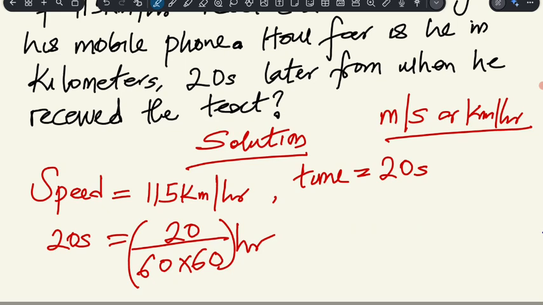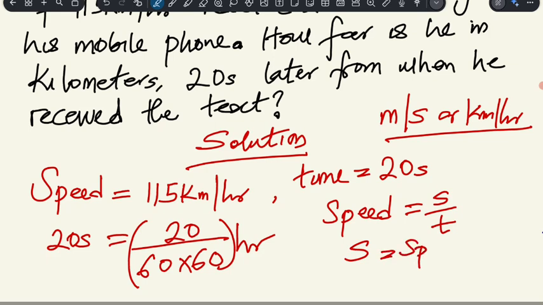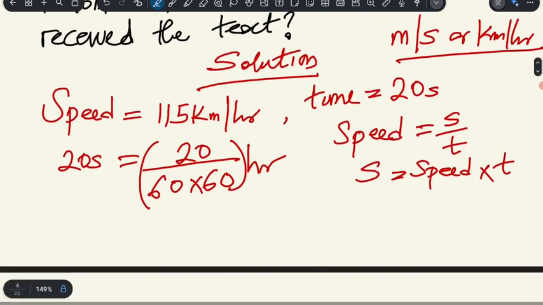Now, you all know that speed is equal to distance over time, and the question asks how far he is, in kilometers, later from when he received the text message. So we need distance to be speed multiplied by time.